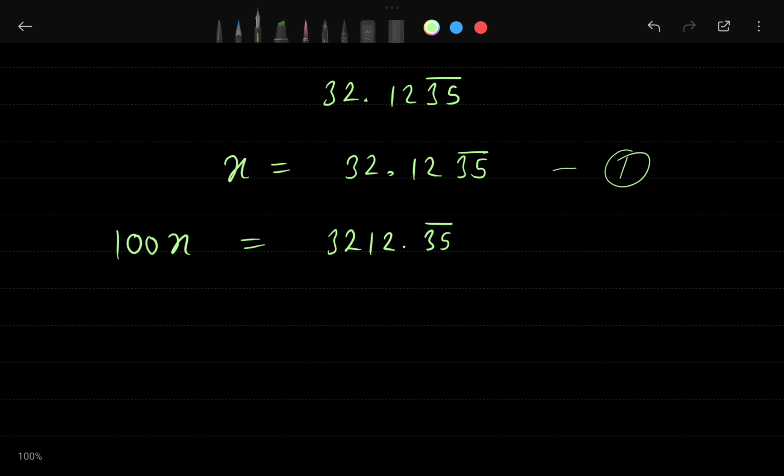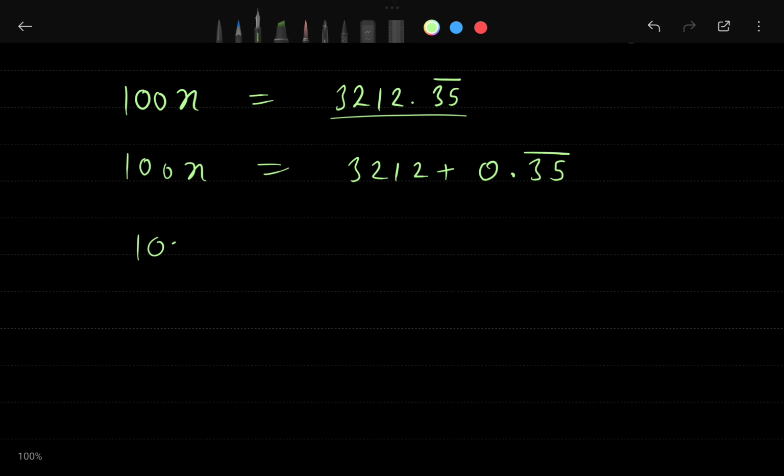Solving further, on this side I can write 3212 plus 0.35 bar. Now 100x is equal to 3212 plus 35 by 99.